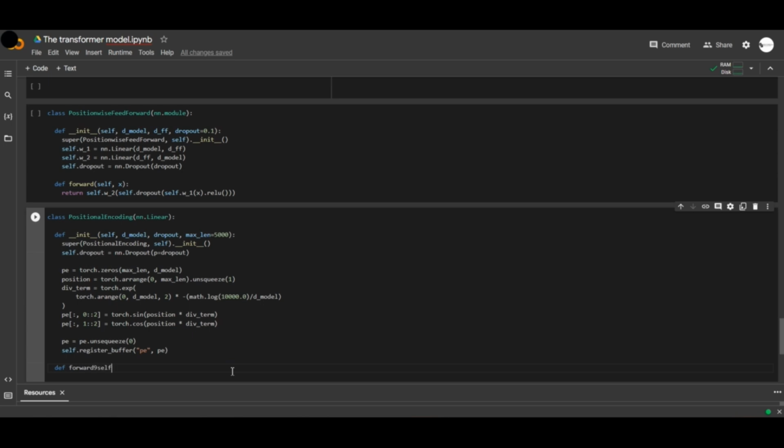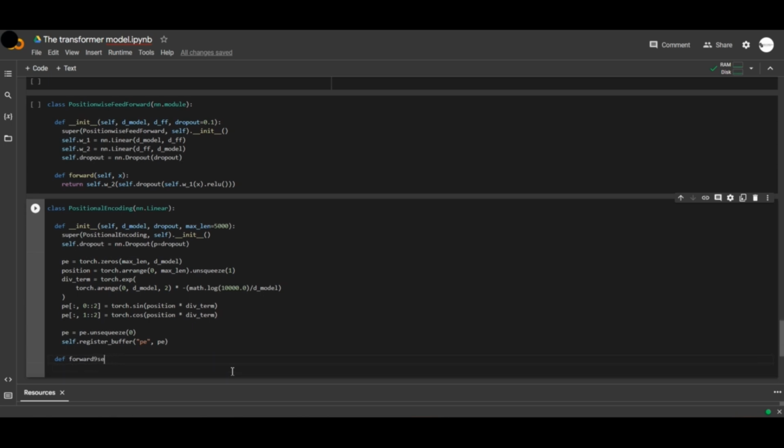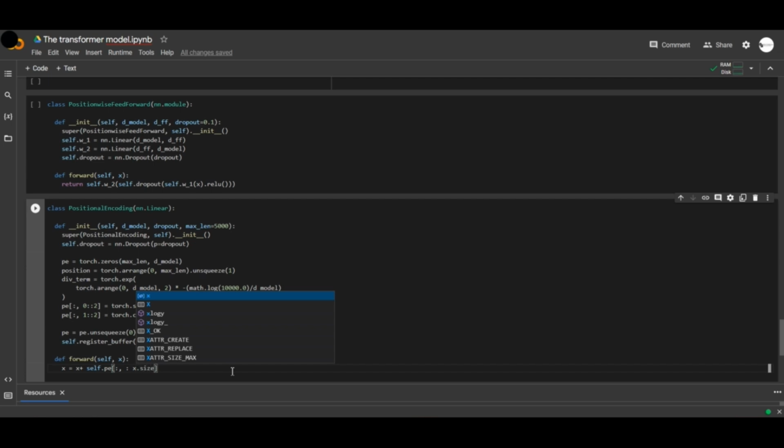We take the input x, then we say x equals x plus self.pe, taking x.size, then .requires_grad_(False).